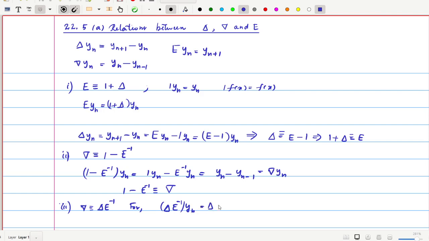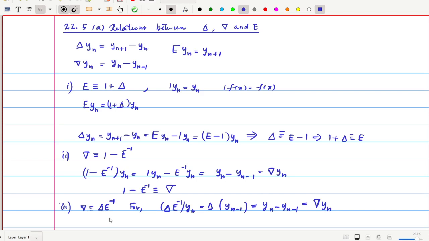That is delta of E inverse of yn, that is yn minus 1. That is equal to delta of yn minus 1. Delta of yn minus 1 is yn minus yn minus 1. So this is nothing but del of yn. So from this you can write del is equal to delta E inverse.